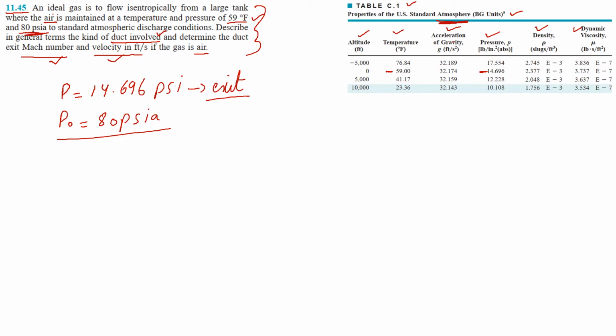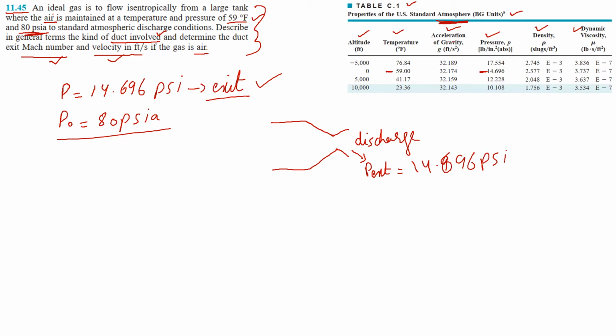Let's revisit the scenario. Let's say this is our tank and this is our discharge. The discharge pressure is the one that we read from the table, so the P exit is 14.696 psi, and inside the container the pressure was 80 psi.